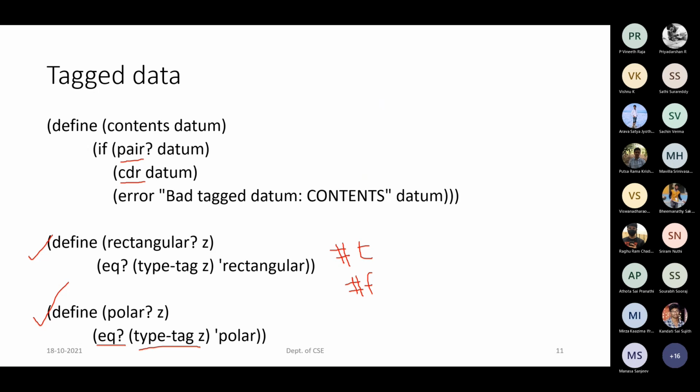Next, we discussed the rectangle procedure and polar procedure, whose results are true or false: if your extracted content with respect to type tag is rectangle, it will return true, otherwise it will return false.